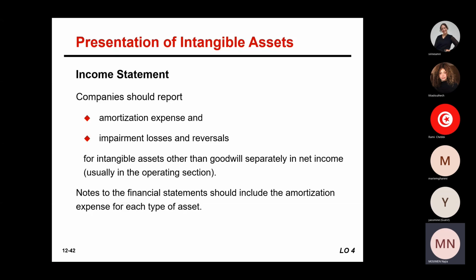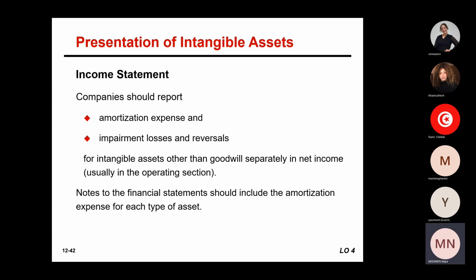If there are any impairment losses or any reversal, so any recovery of impairment losses regarding intangibles, they should still be provided within the operating section, in the other income and expense section, for example, within the income statement.